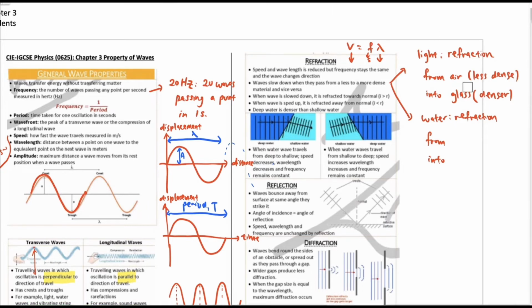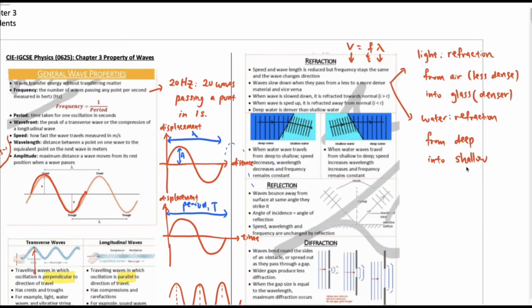Let me see first. From air into glass, slow down. From deep to shallow. Oh, okay. From deep to shallow, it slows down also. So isn't it, deep is like nearer to the normal, and then when it goes to shallow area, it becomes away from the normal?